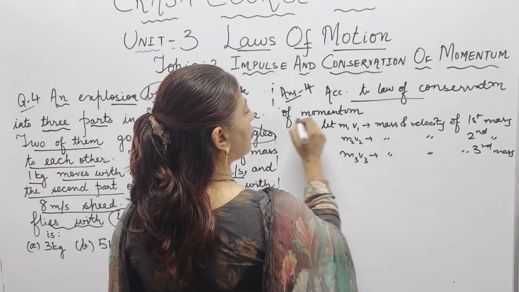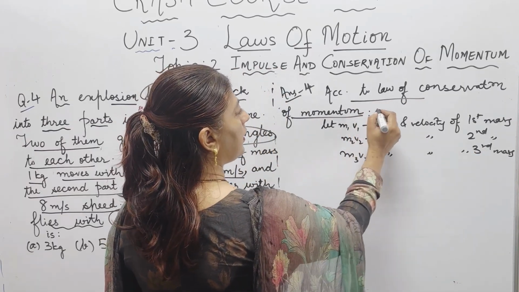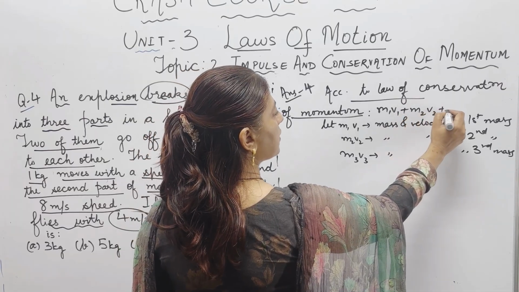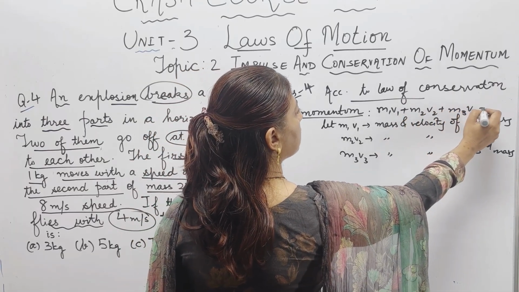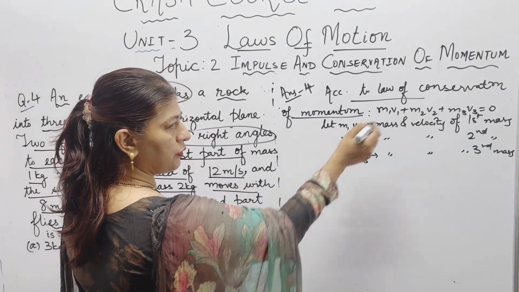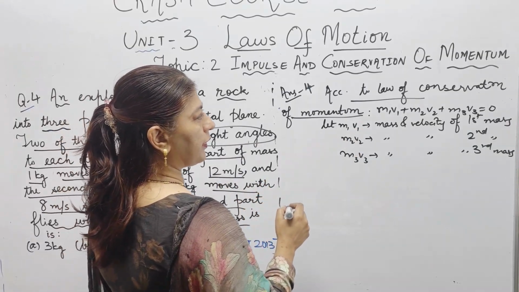So according to the law of conservation of momentum, m1 v1 plus m2 v2 plus m3 v3 is 0, and we have defined m1, m2 and all up to m3 v3.